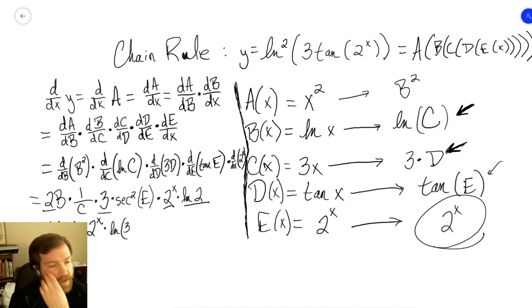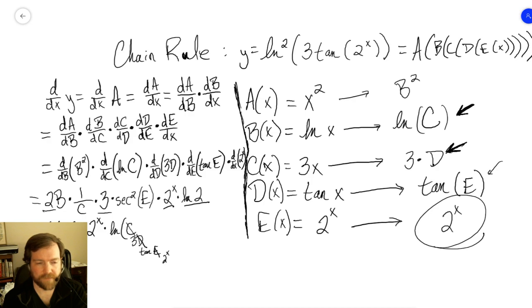I mean, you could take a bunch of steps to do this too, just so it's not completely overwhelming and insane. I might be going a little overboard on this, and apologies. So natural log of c. C is, so we take this out, and we put in its place 3d. D is tangent of e, and e is 2 to the x.